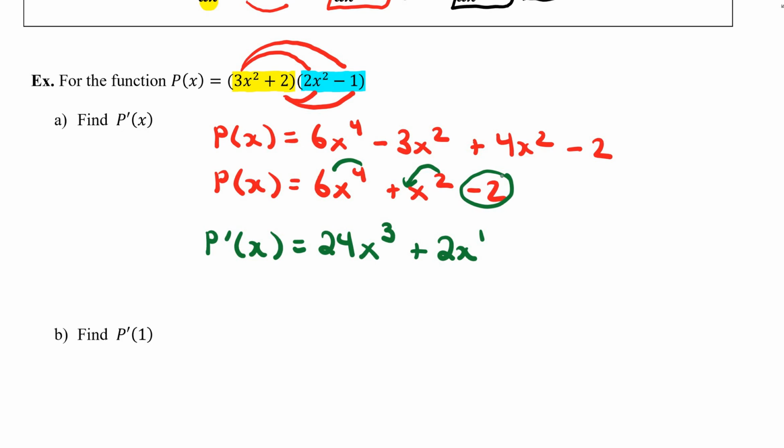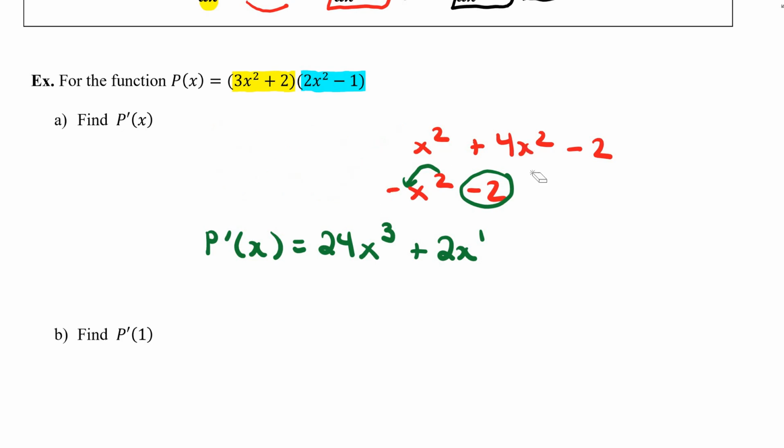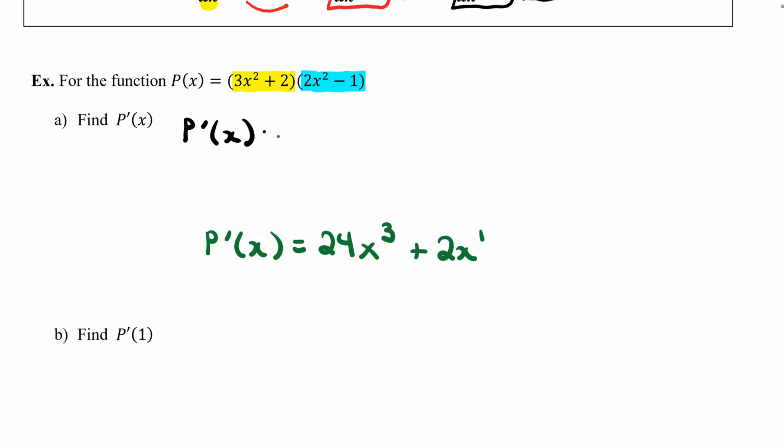Okay, so there you go. That's how you would find the derivative of that function by FOILing it out and using the power rule. Now let's see if we can find the derivative using the product rule. Let me erase this. The product rule states that if you want to take the derivative right away without FOILing it, you take the derivative of the first function, and the derivative of that is going to be 6x, because 3 times 2 is 6.